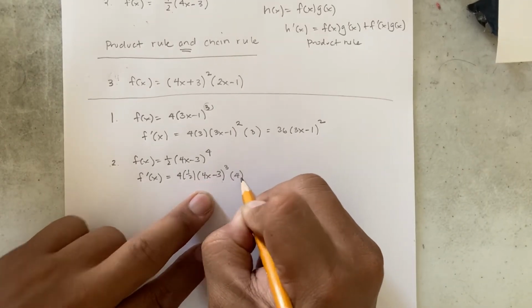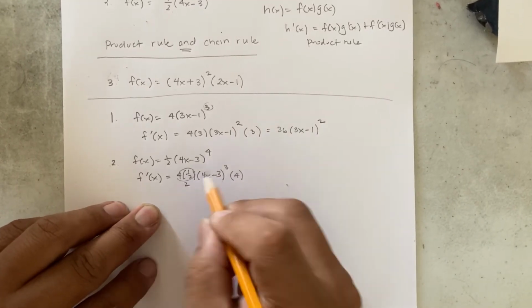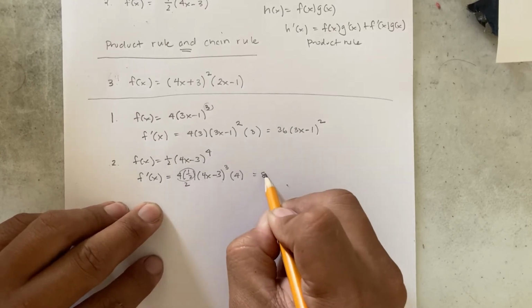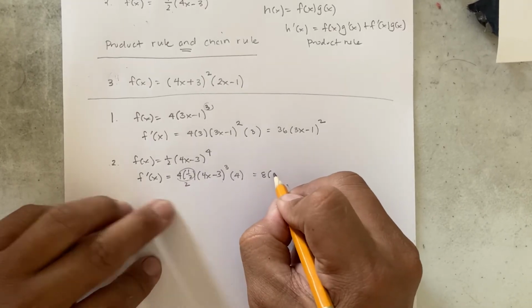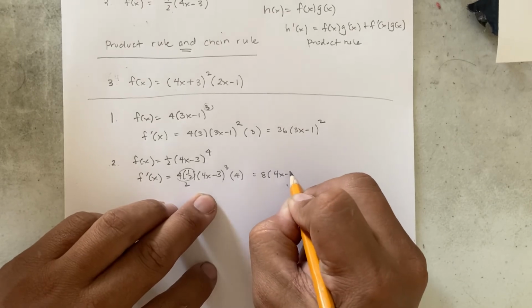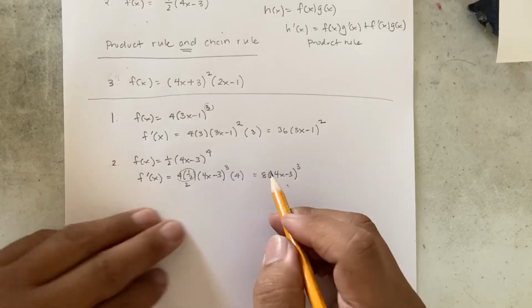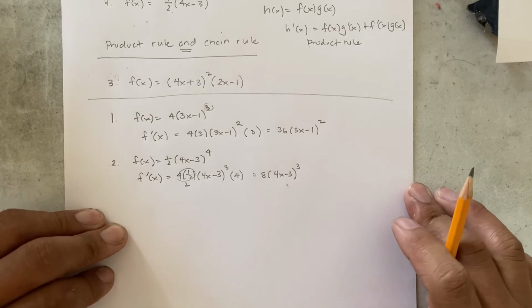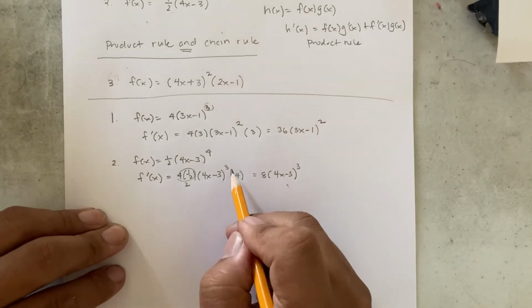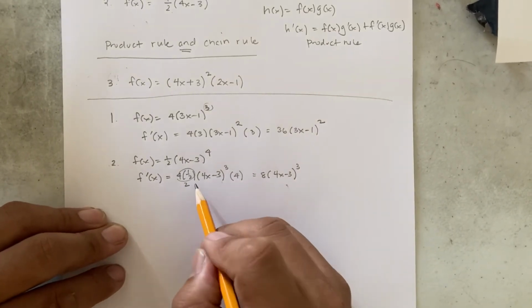It's just 4 here. So this is just 2. 2 times 4 is 8, times the quantity 4x minus 3 raised to the third power. What you have here is I applied the power rule, then the chain rule.